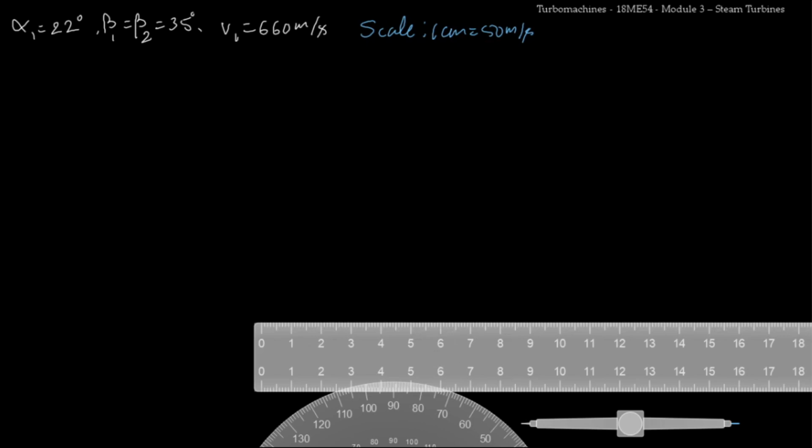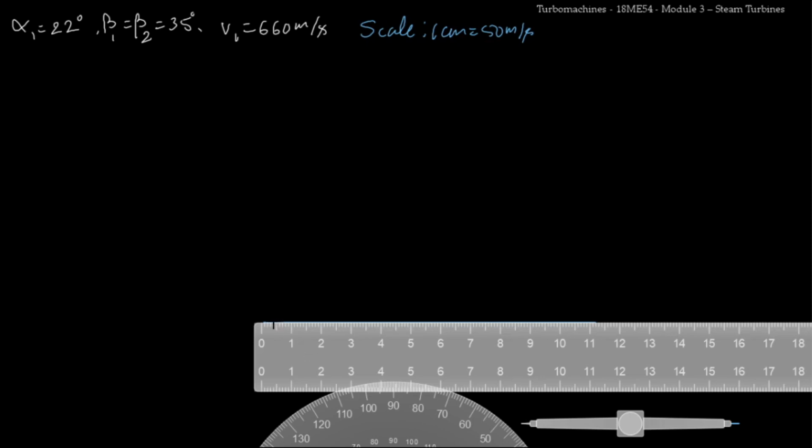So I'll take that scale. Now I don't know the length of u. So what I'll do is I'll just draw a horizontal line. I'll not bother with the length of u since I know beta 1. So I'll be able to construct the velocity triangle because I know two angles and one side length. So I know V1 and I know beta 1 and alpha 1. So we should be able to construct the velocity triangle.